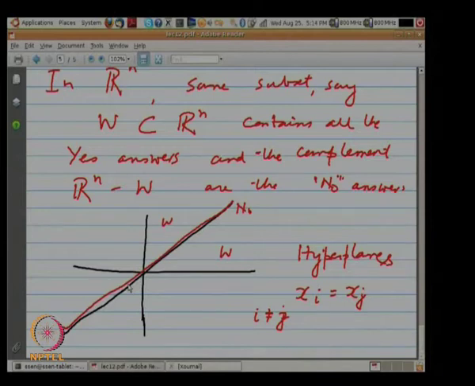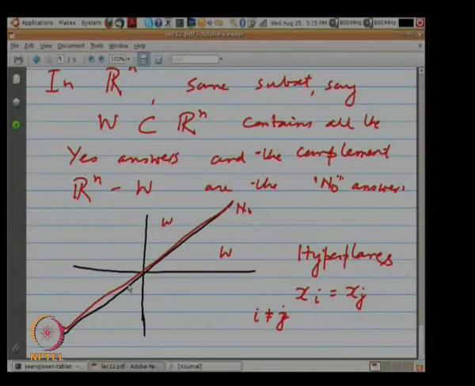Okay. So, analogously, if you go to higher dimensions, you can look at the hyperplanes defined by x_i equal to x_j, where i is not equal to j, and if the given input point lies on any of these planes, the union of these planes, then the answer is no, because there is at least one duplicate.